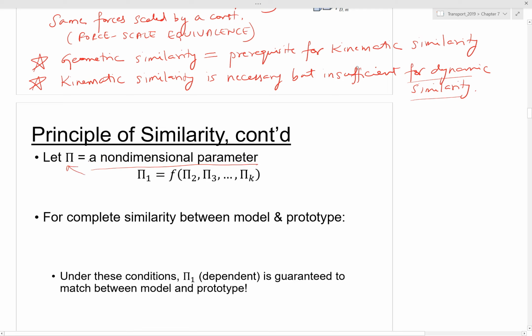That is why this chapter is known as life of pi's. Basically, the non-dimensional parameters you list down as pi, and then you figure out the dependent parameter, the dependent pi, which is essentially a function of the independent non-dimensional parameters.